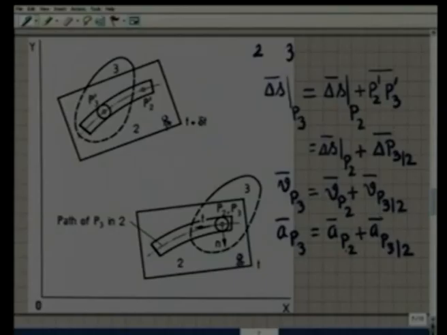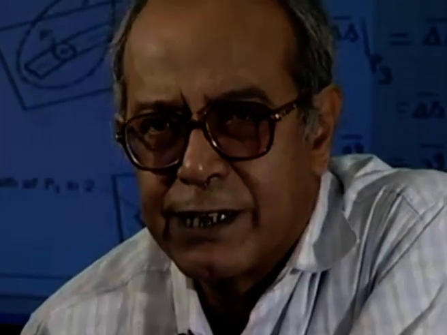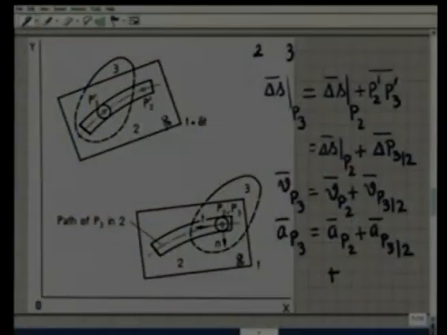However, this is wrong. This is not correct. In fact, we get another term which is twice omega 2 cross Vp3/2.